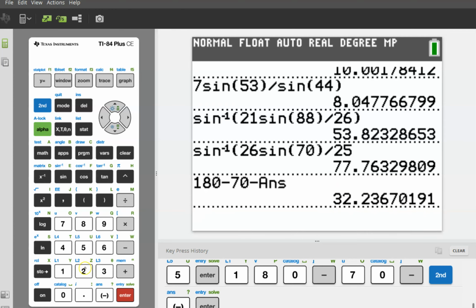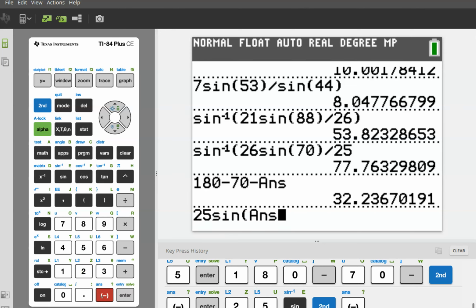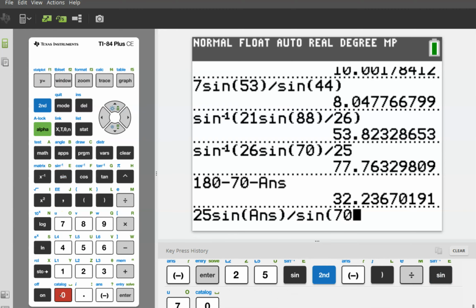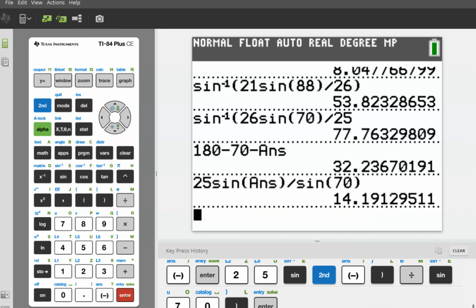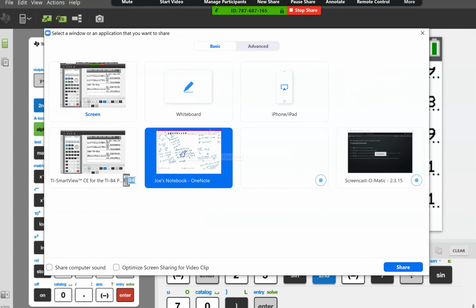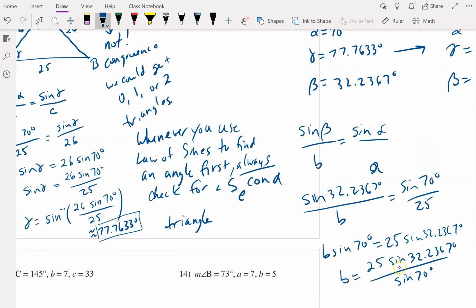We want 25 sine of that 32 degrees number, using that previous answer button again, divided by sine of 70. And we get 14.1913 for your B. So B was approximately 14.1913.